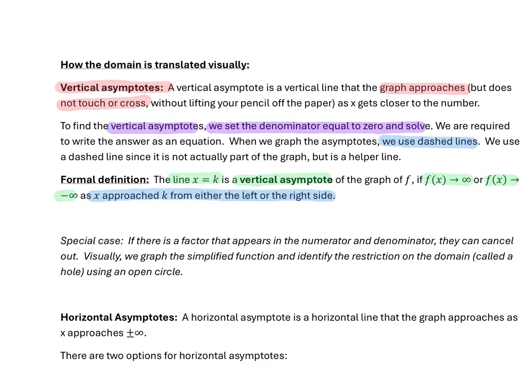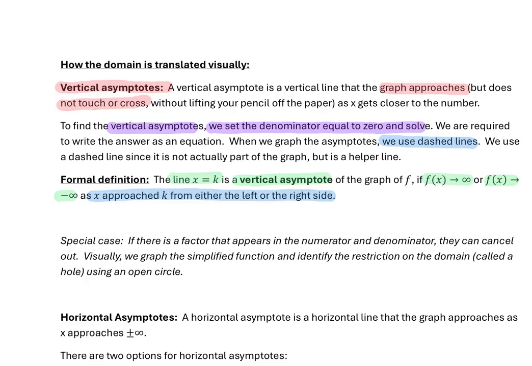As we get closer to the asymptote, what we're going to see is our graph is going to go forever up and/or forever down. And that's what happens.